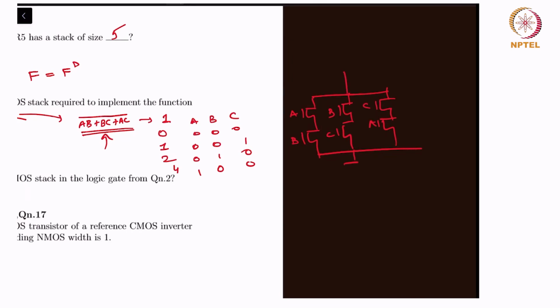So this will be the N stack, and you can simply mirror this as so, right? AB, BC and AC.